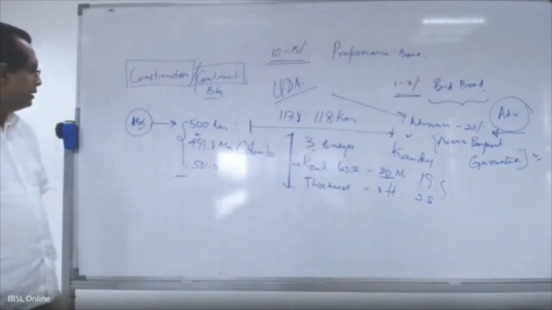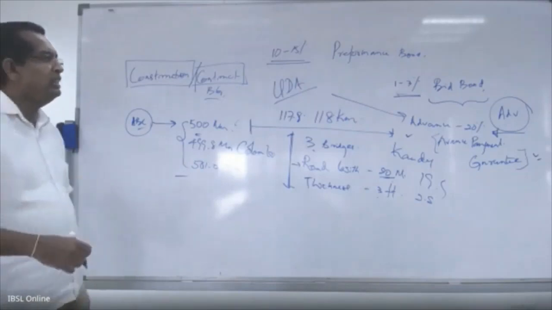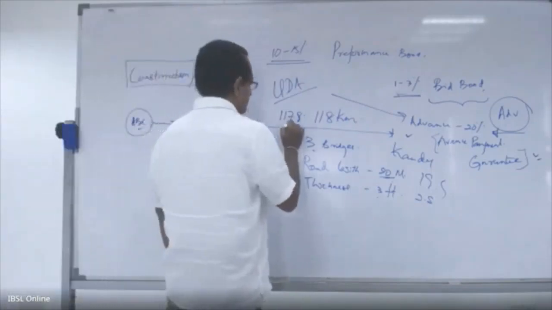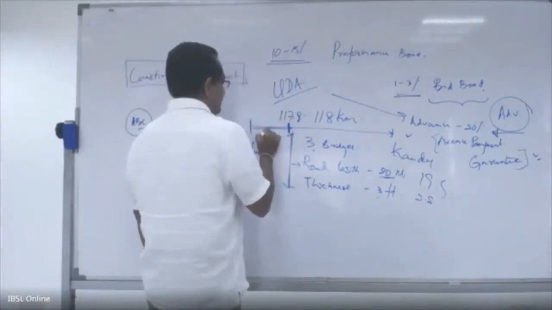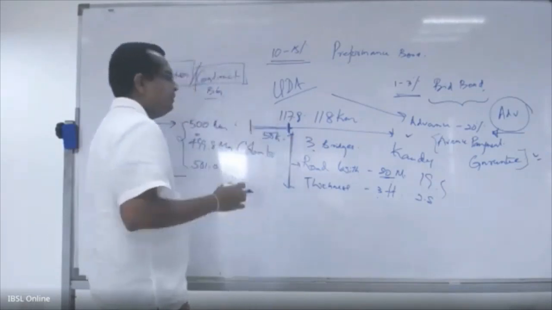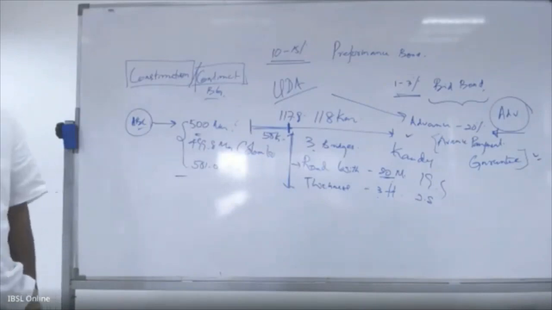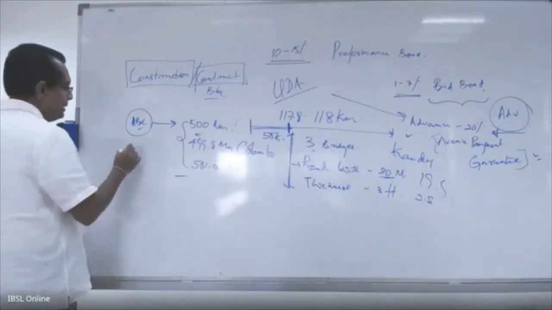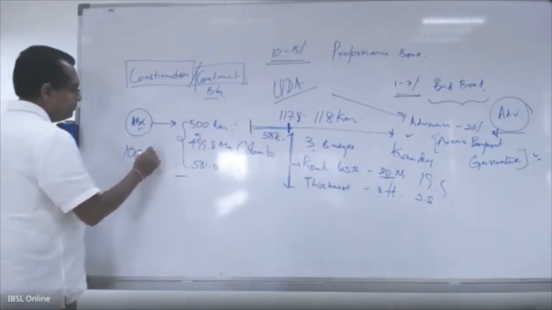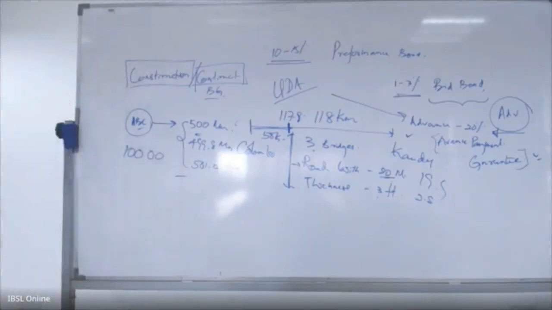Then they will construct some 50 kilometers, and the first bill will be presented to UDA. Say it is a 100 million bill.